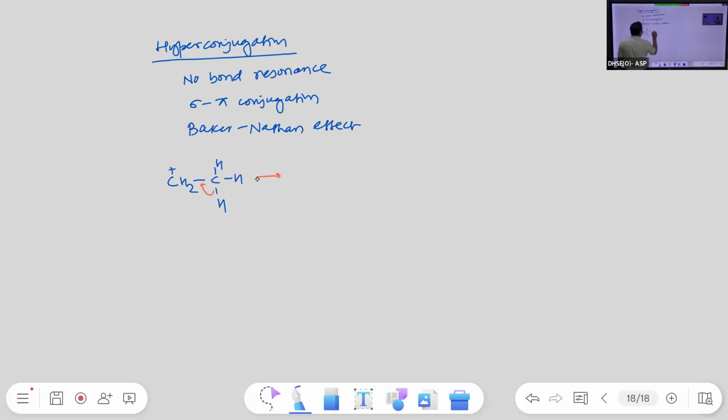As a result, you can write this structure. And it is possible only at the alpha position.